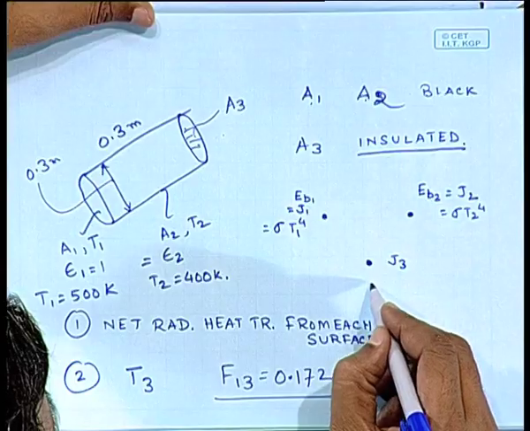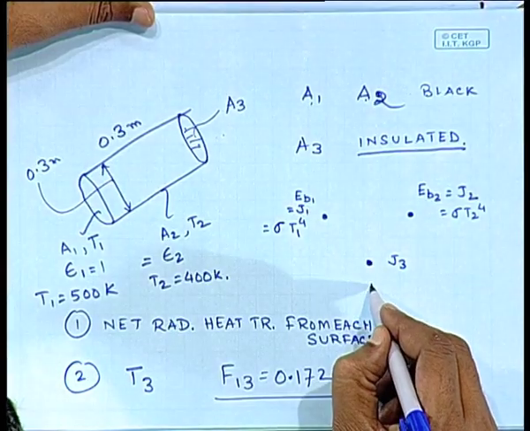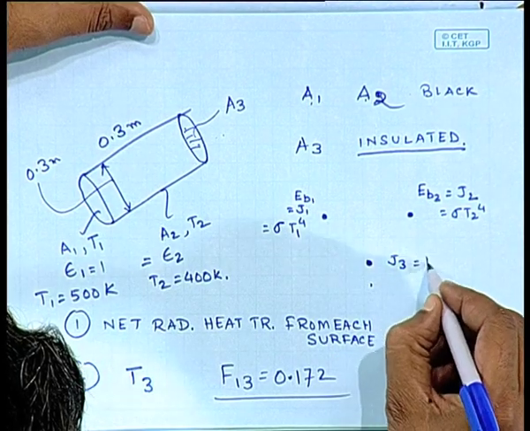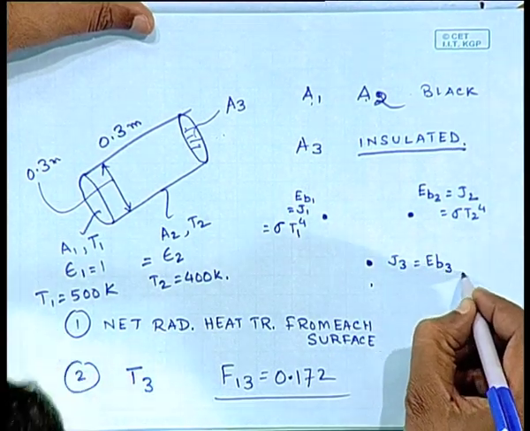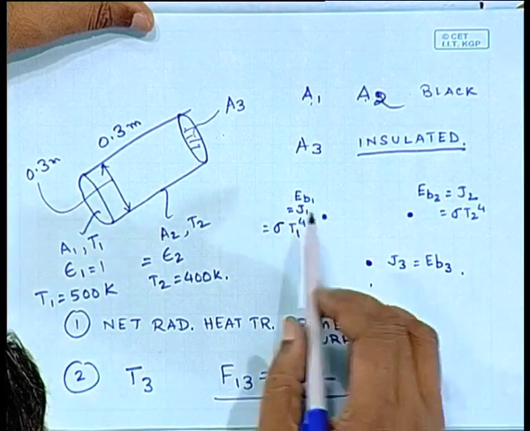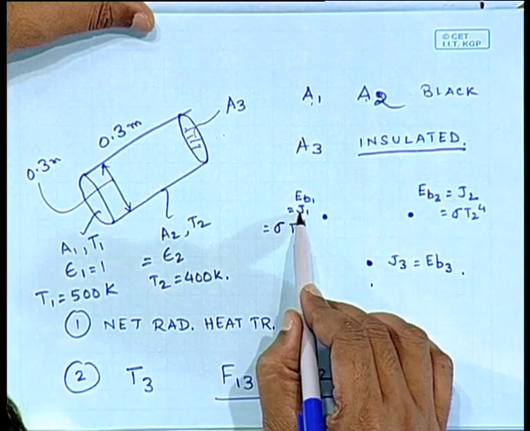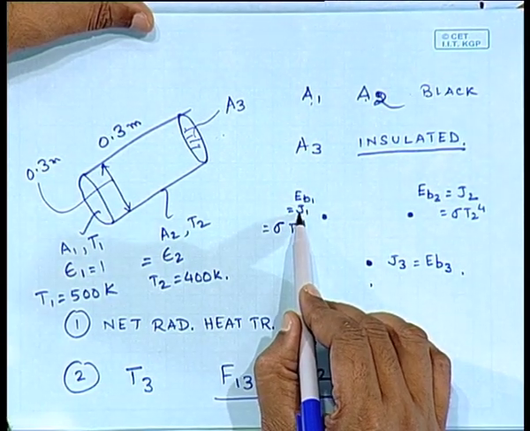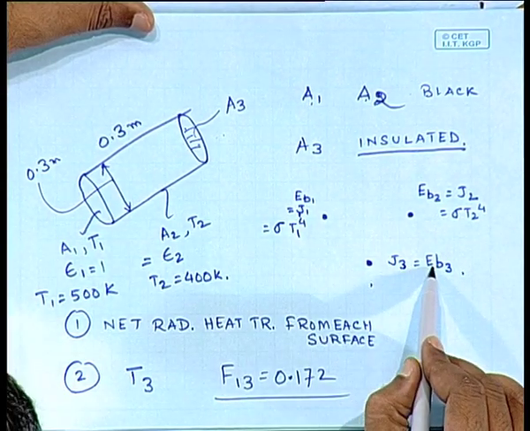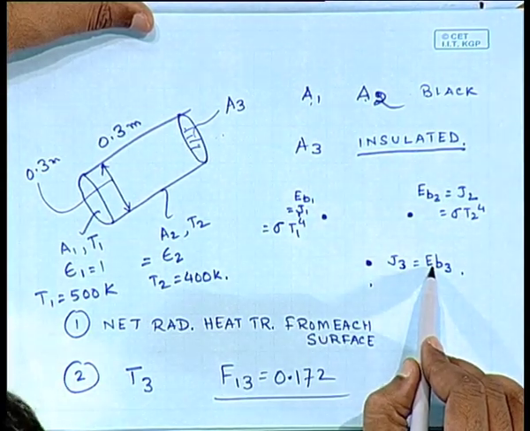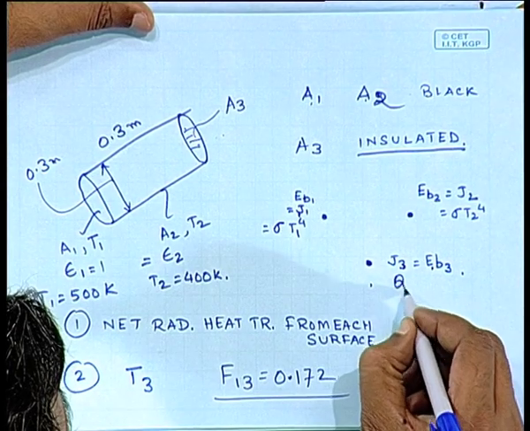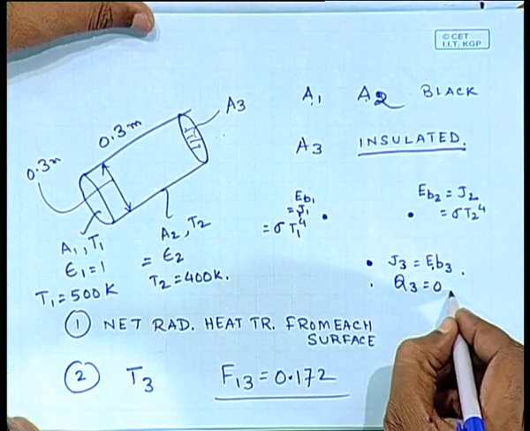If you do not have any net energy leaving this surface, then obviously J3 would be equal to Eb3. This is true because the surface is re-radiating, and it's because Q3 is equal to 0.